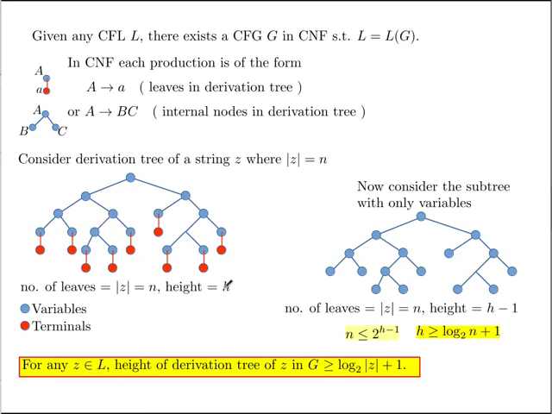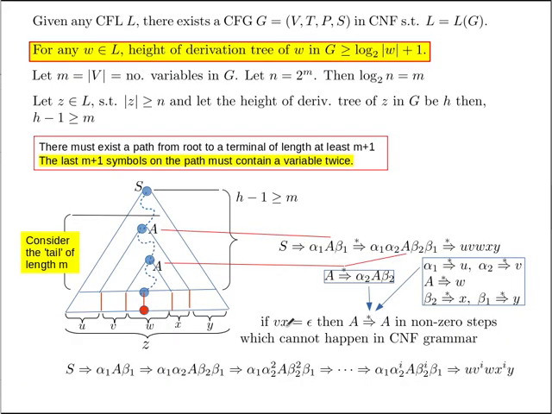So now we need this result in order to proceed. So let's just tabulate it here. Again we have a CFL, the language is a CFL, and we have a CFG which is in Chomsky normal form.